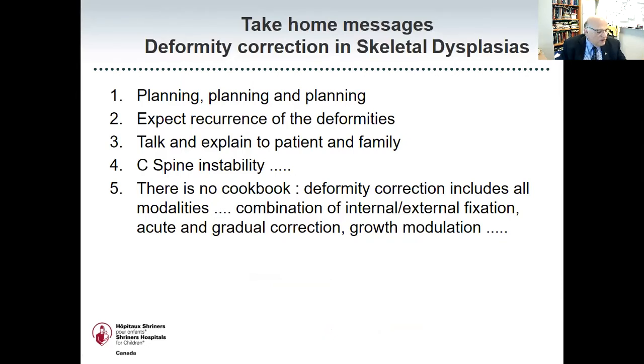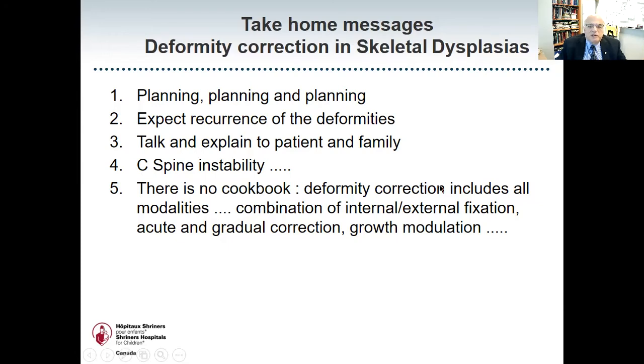The take-home message regarding deformity correction in skeletal dysplasia: first thing is planning, planning, and planning, and this cannot be overemphasized. Expect recurrence of the deformities. Talk and explain everything to the patient and the family. Don't forget C-spine instability. The C-spine has to be cleared before proceeding with anything, and there is no cookbook.